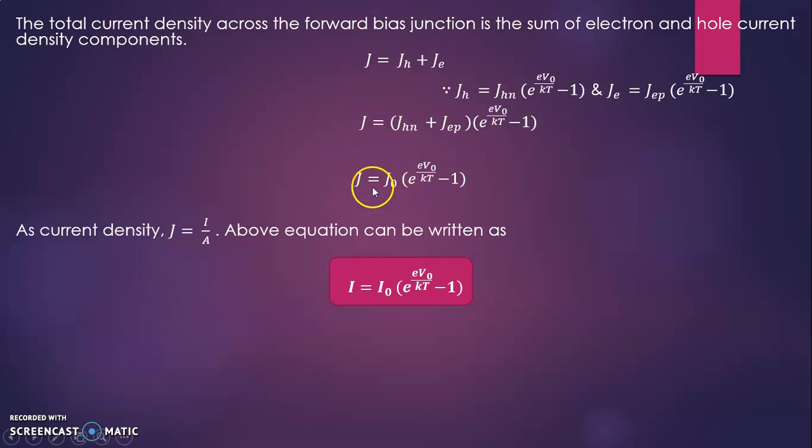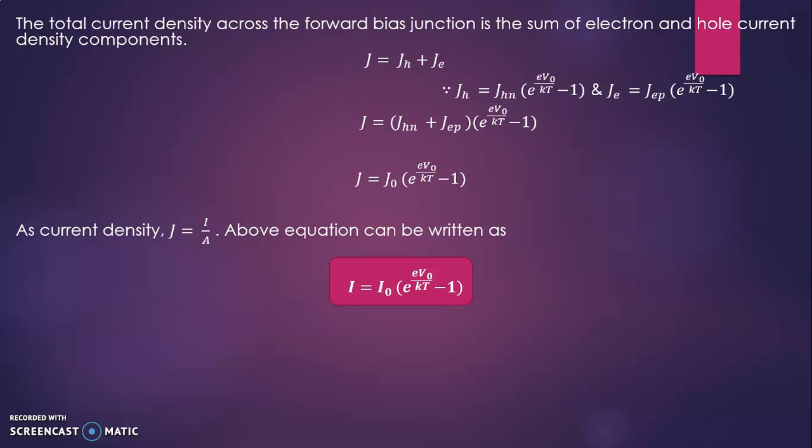Here, just instead of J we substitute I by A and simplify this. So the same equation we are getting only in terms of current. So instead of current density we are getting the equation in terms of current, which is I is equal to I0 into (e^(eV0/kT) minus 1).